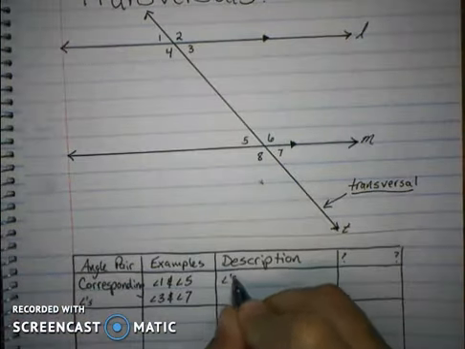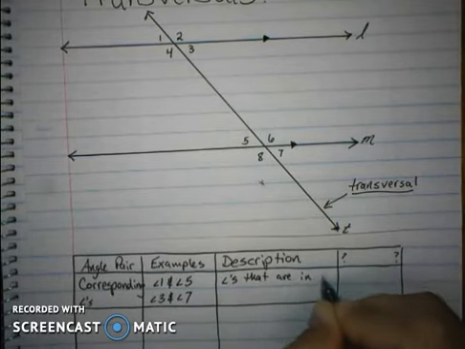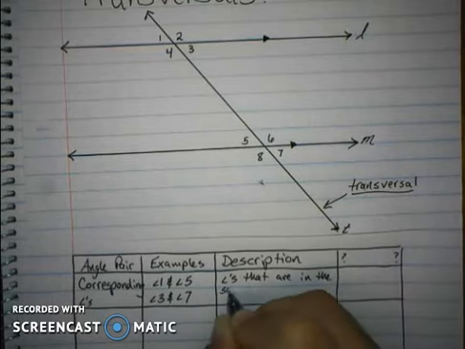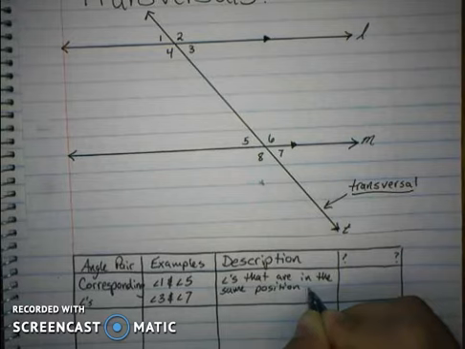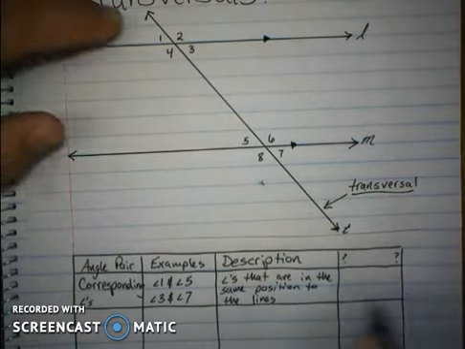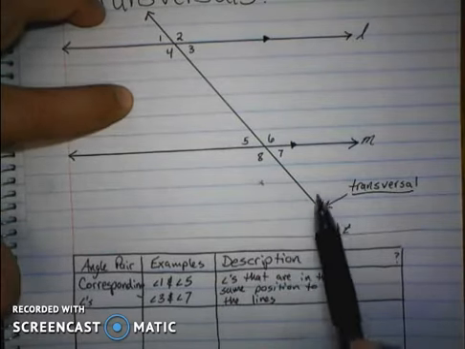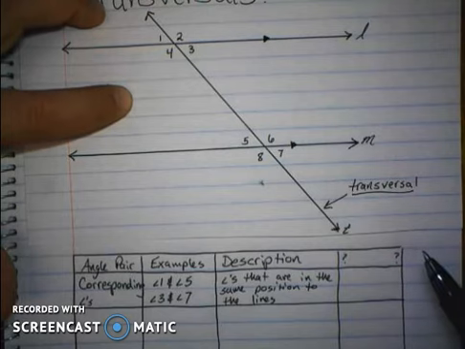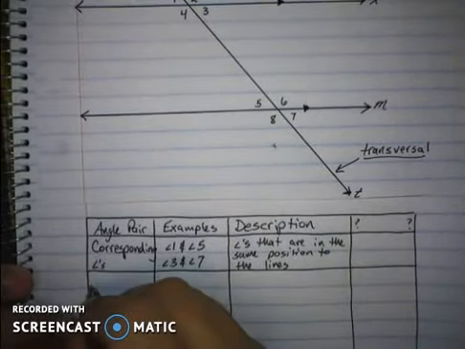Okay, so these are angles that are in the same position to the lines. They're both on the same side of the transversal, and they're both on the same side of their respective lines.